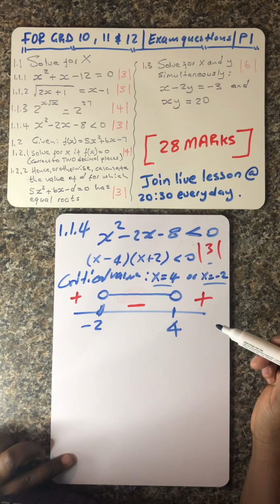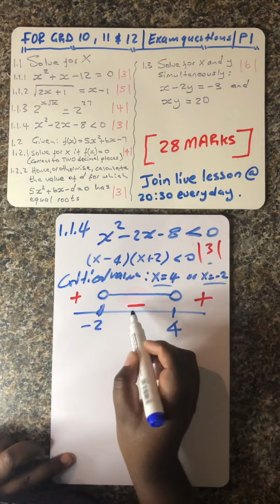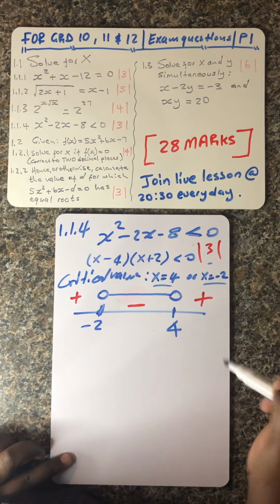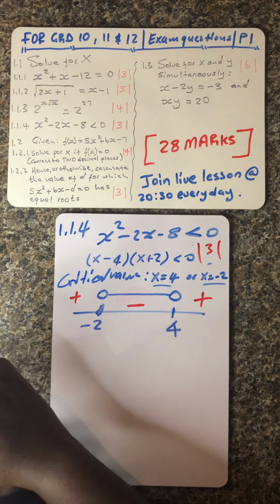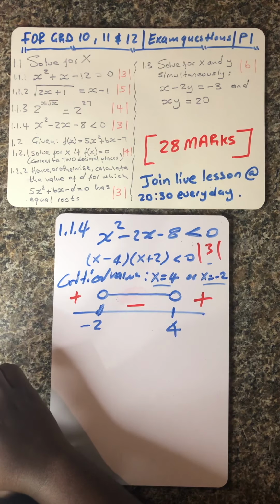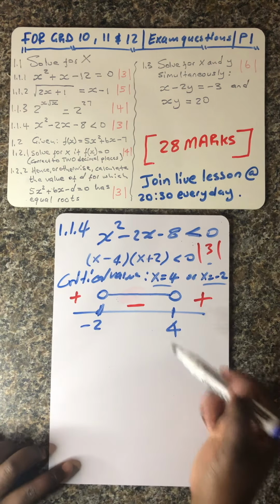How do we know they are less than 0? It's because all of them, when you substitute there, you get a negative number, and we know a negative number is less than 0. But when you substitute values from -2 going that side, they give you a positive number, which is obviously greater than 0. So it's not part of the answer.